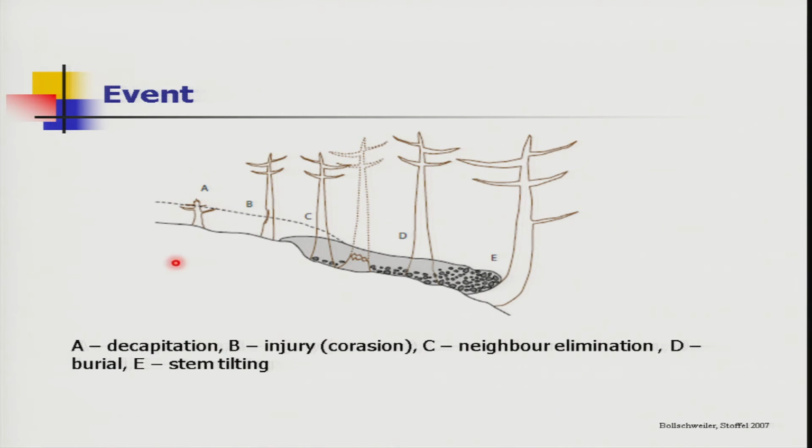This graph shows five situations. We lose the top of the tree, we get injured, we have scars on our trunks, the neighboring tree is eliminated, the bottom part of the tree is buried, and the material that went down the slope tilts the tree, so the stem, the trunk, is changed.